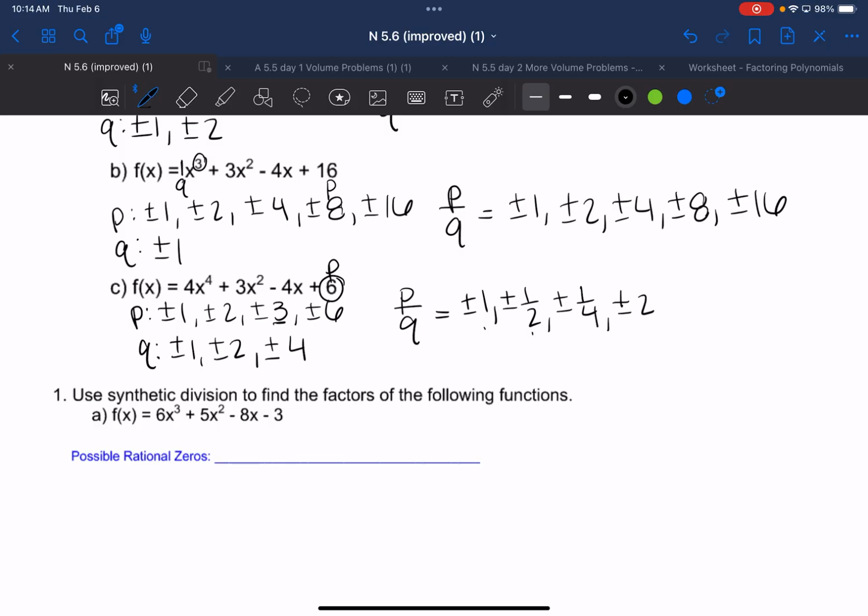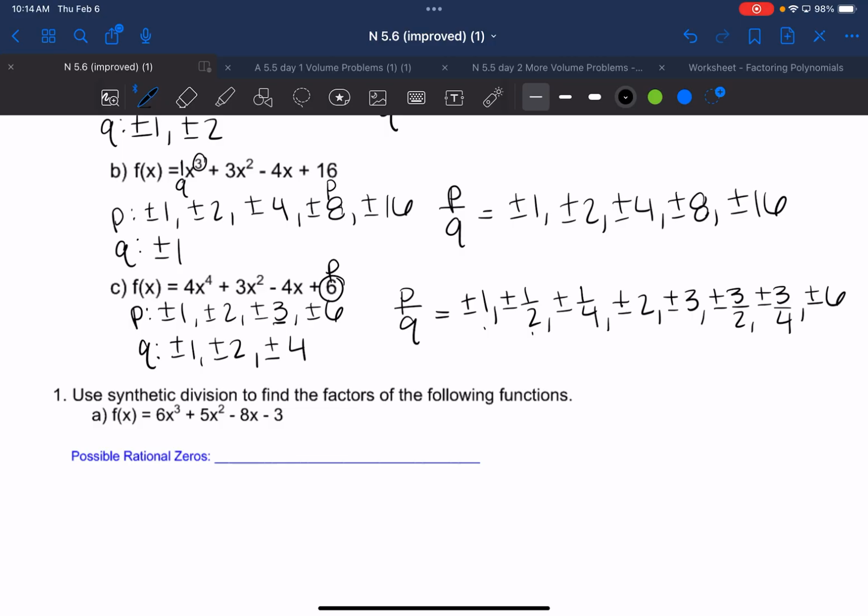Okay, so now let's do our 3. So we would come up with 3 over 1, right, which would just be 3. And then what else would we come up with? 3 over 2 and 3 over 4. Perfect. Okay. And now we just need to use the 6. So we would have 6 over 1, or just 6, right?